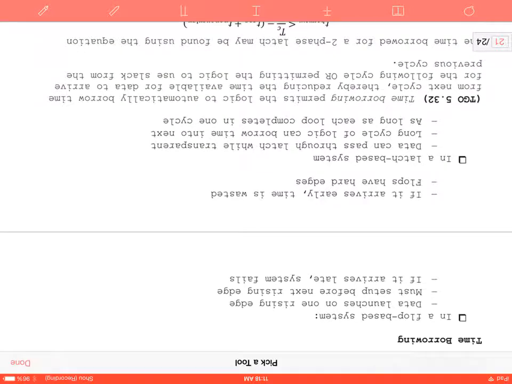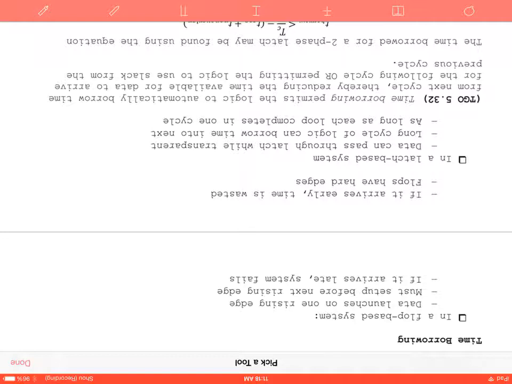Next we're going to talk about this concept of time borrowing. We define time borrowing as permitting the logic to automatically, quote, borrow time from the next cycle, thereby reducing the time available for data to arrive for the following cycle, or permitting the logic to use slack from the previous cycle. In this instance, data is launching from one rising edge, and if it arrives early, then time is wasted because it's just waiting there, consuming time.